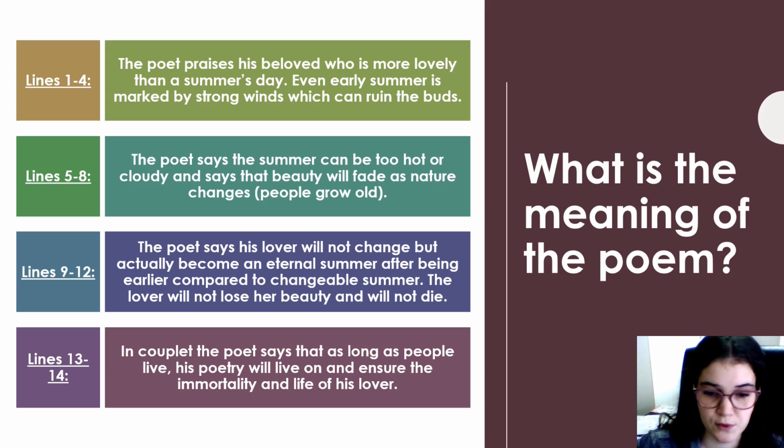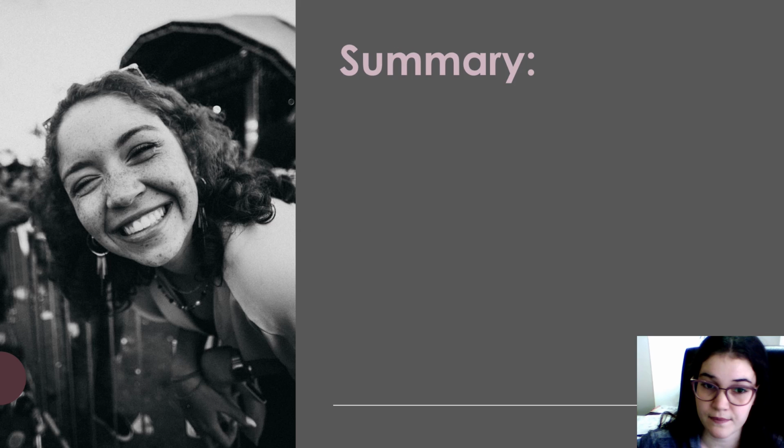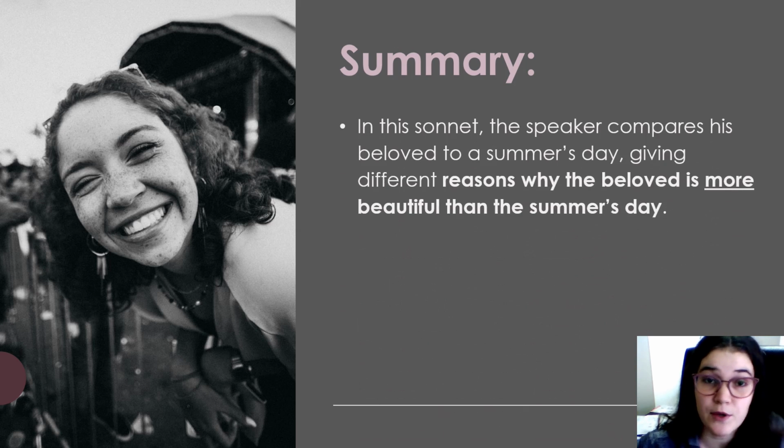Lines 13 to 14. In the couplet, the poet says that as long as people live, his poetry will live on and ensure the immortality and life of his lover. Okay, the summary of the poem. In this sonnet, the speaker compares his beloved to a summer's day, giving different reasons why the beloved is more beautiful than the summer's day.